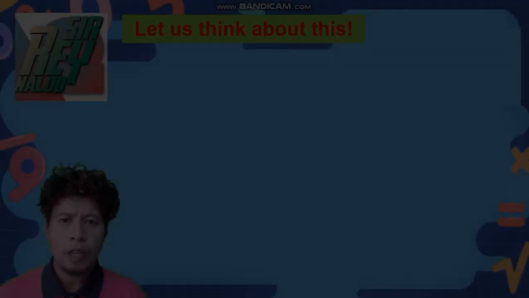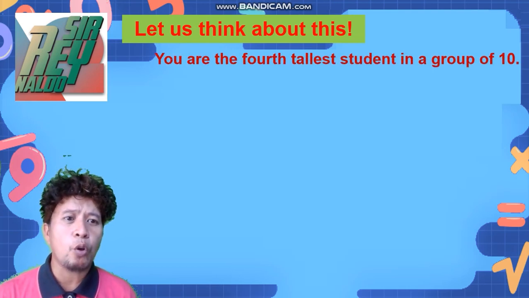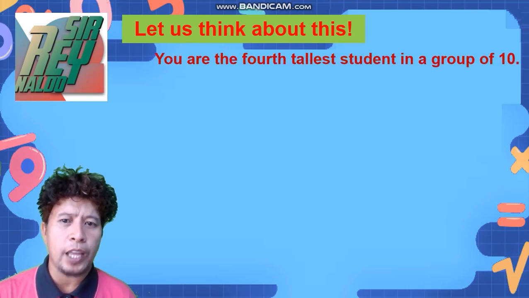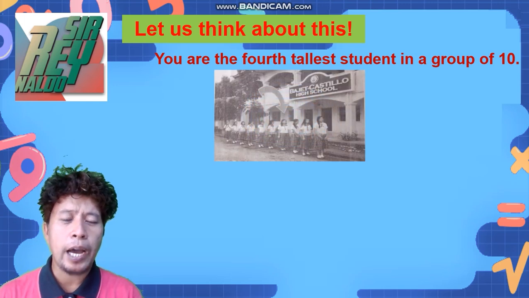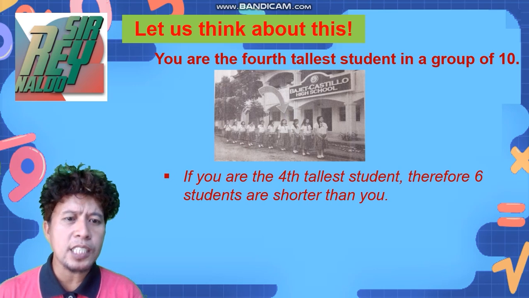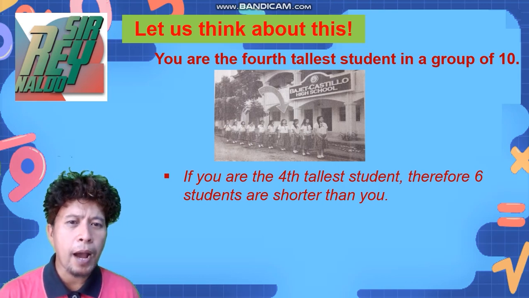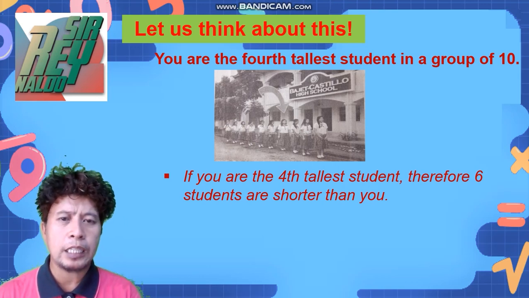Here we go. Let us think about this. You are the fourth tallest student in a group of 10. So, halimbawa, kayo yan, yung grupo nyo. If you are the fourth tallest student, therefore, 6 students are shorter than you are. Dahil pang-apat ka, yung 6 ay mas maliit na sa'yo.